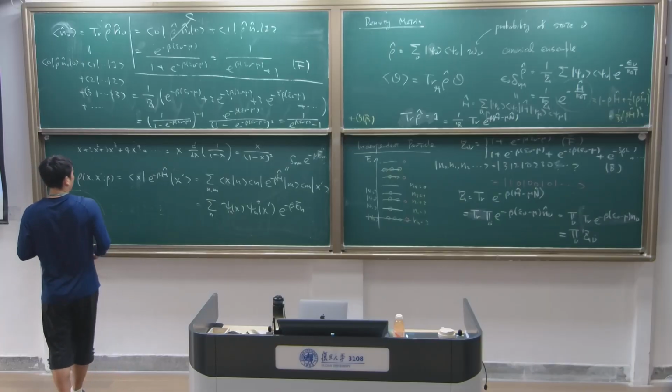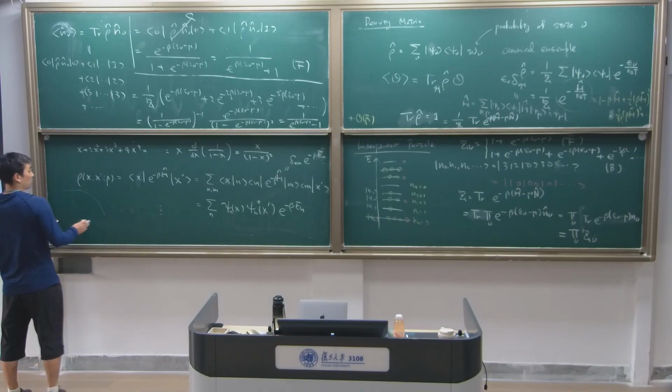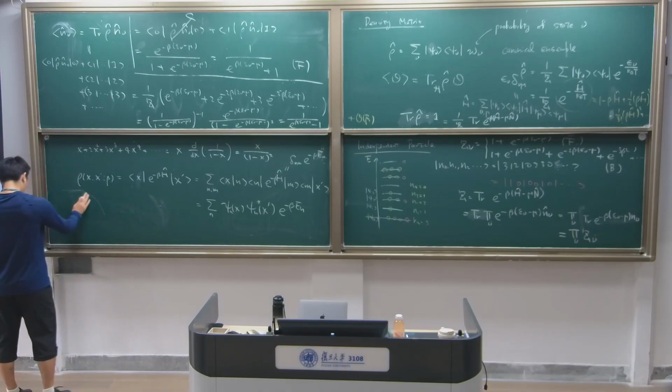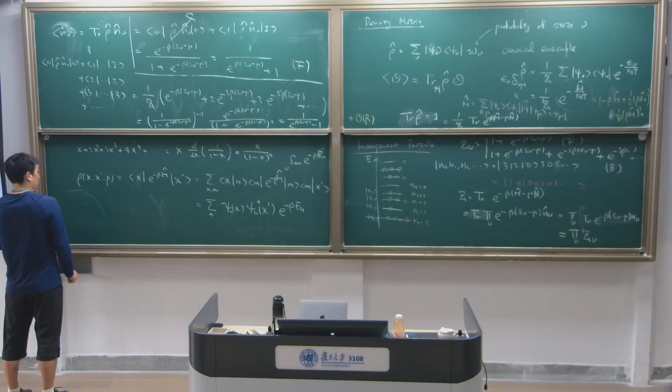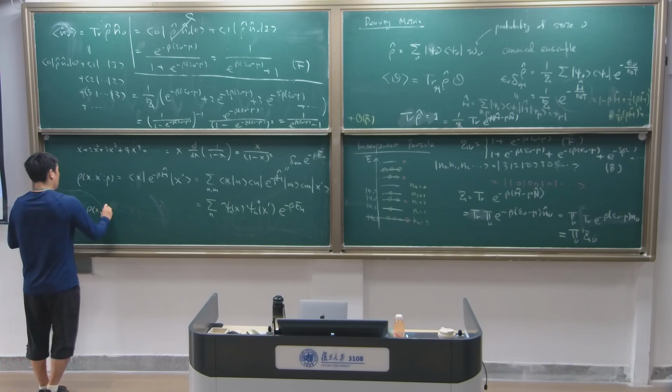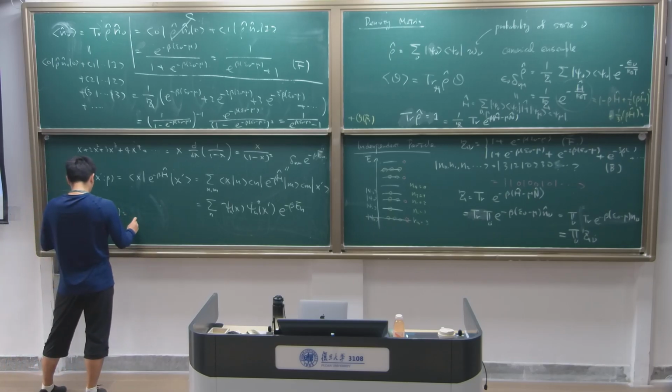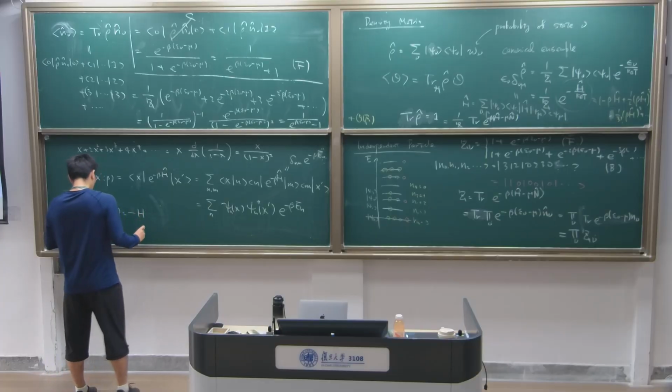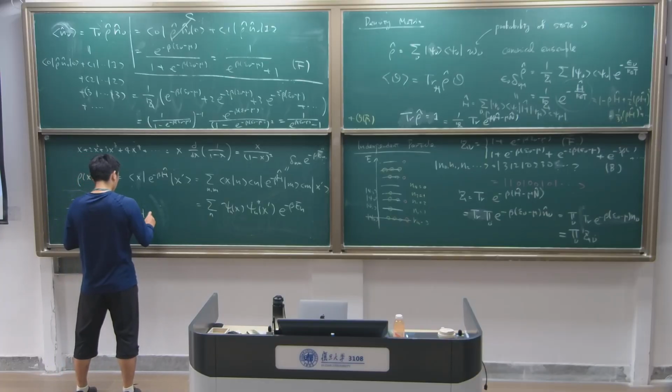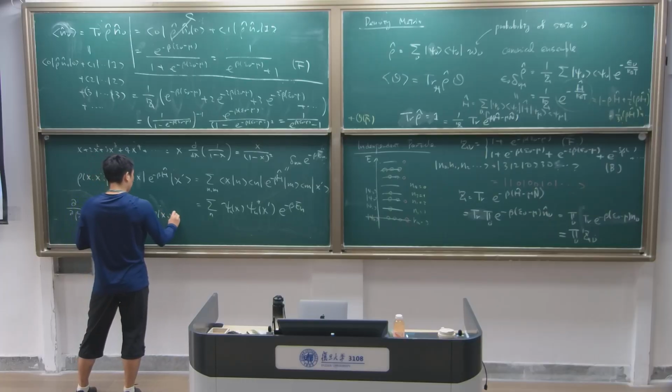If you take a derivative with respect to beta, it's super easy to see that the derivative of rho x x prime beta with respect to beta is equal to minus h times rho x x prime beta.